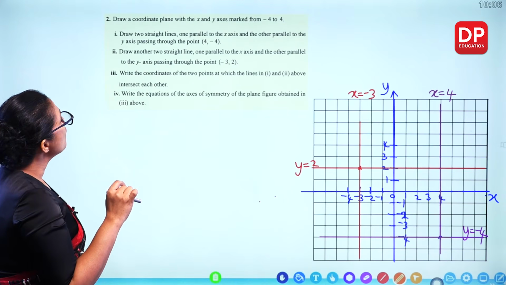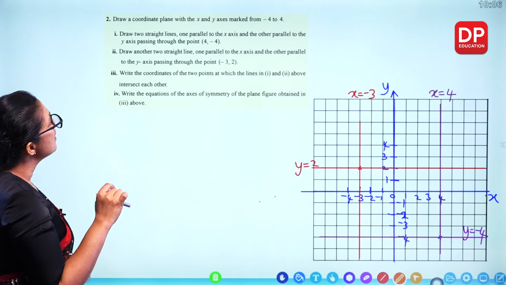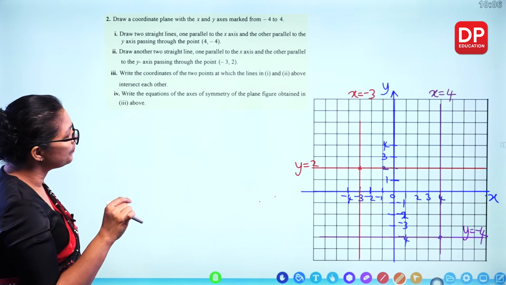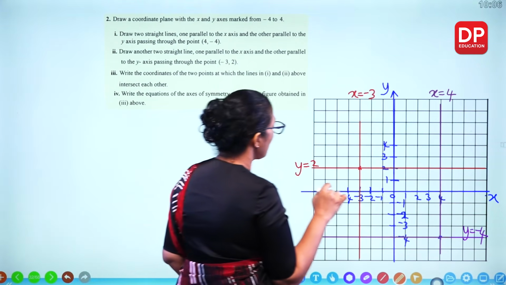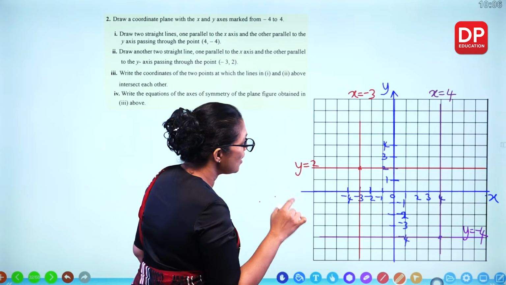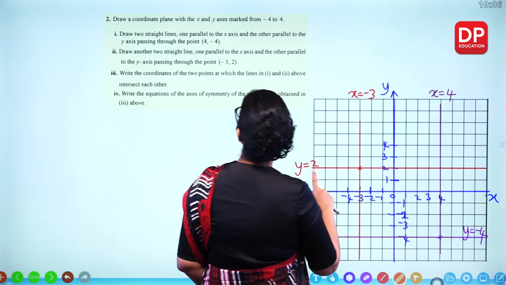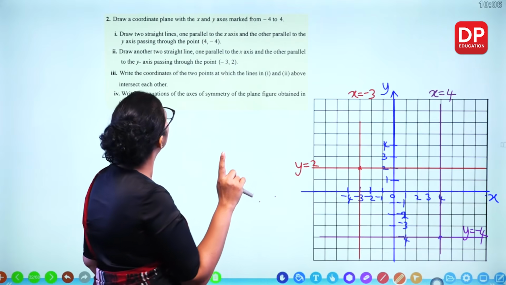Write the coordinates of the 2 points at which the lines in 1 and 2 above intersect each other. Which ones? 1 and 2.